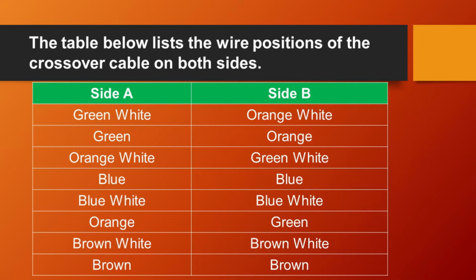On side A, it follows the order of colors from green-white, green, orange-white, blue, blue-white, orange, brown-white, and brown. So that is 568A. And on side B, it follows the order of colors from orange-white, orange, green-white, blue, blue-white, green, brown-white, and brown. So that is 568B.